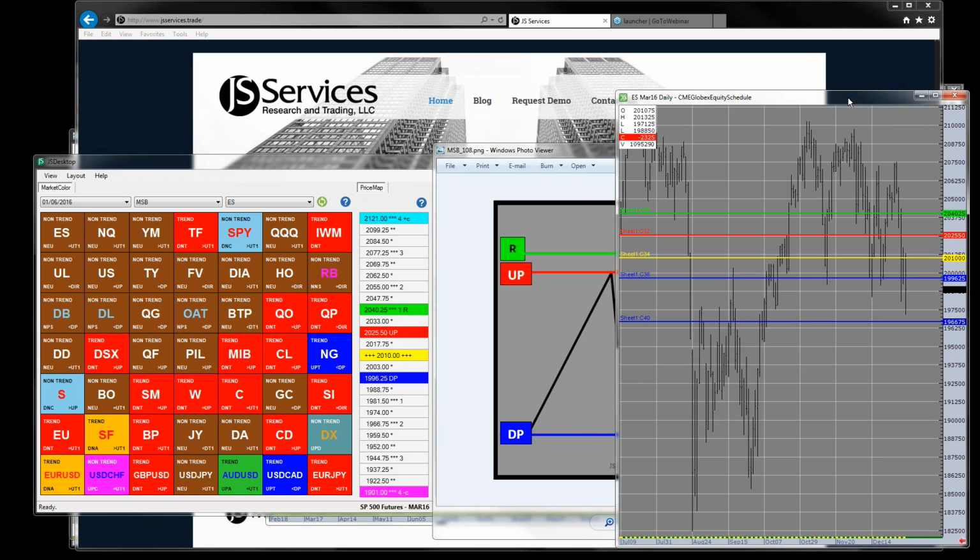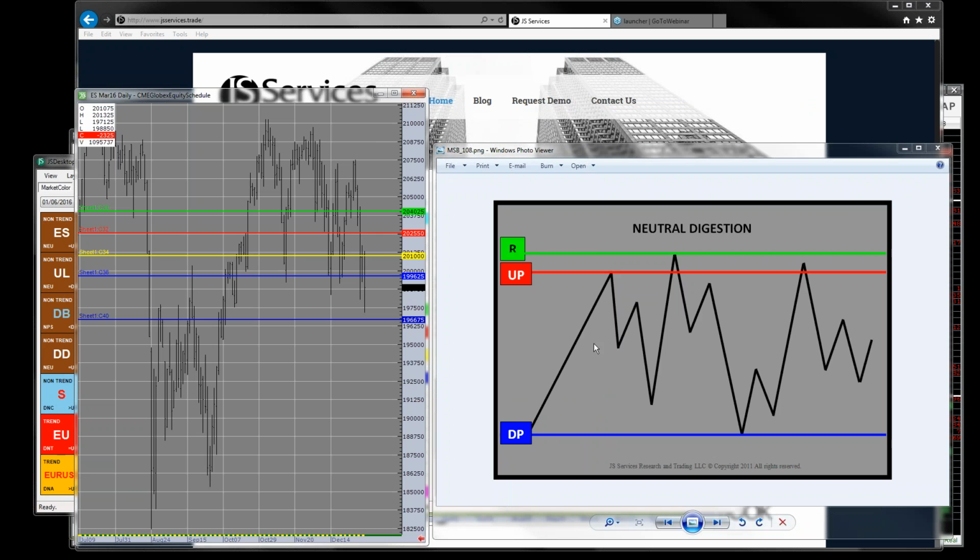I'm going to pull up a daily chart here with these metrics on it. We've got our sentiment bias, our upside pivot, our downside pivot, and we're trading below that level. So we were in neutral digestion and we've broken out. For now, this statement is no longer true. We're no longer in neutral digestion. We're in transition. That's a good fact.